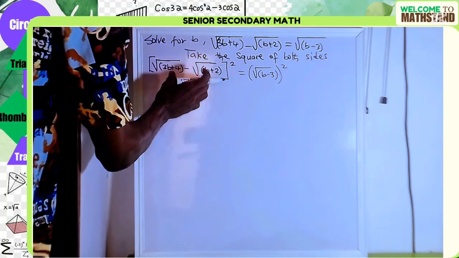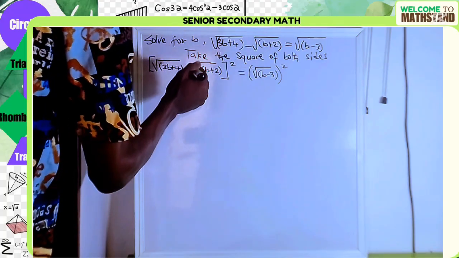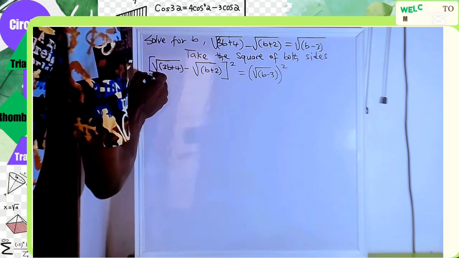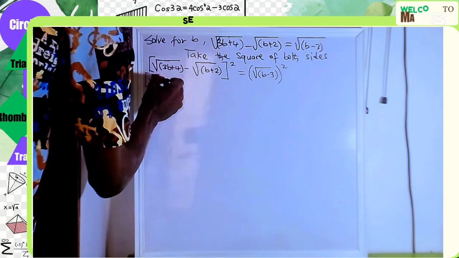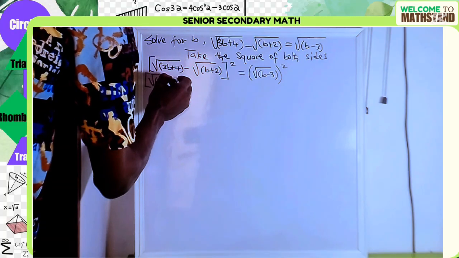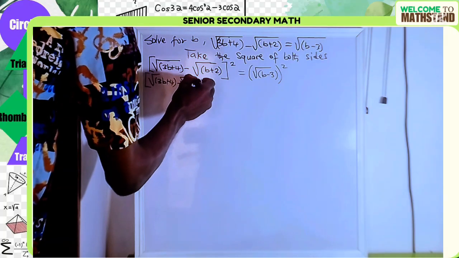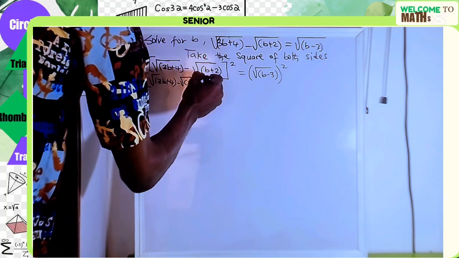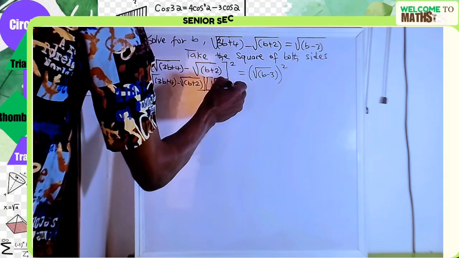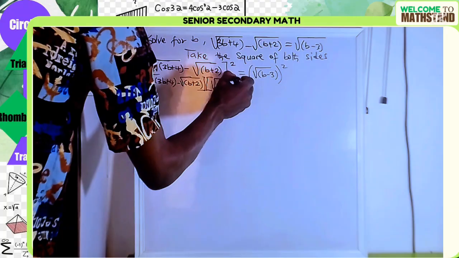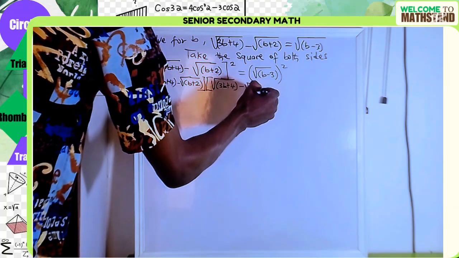This means expressing this into two places. Expressing this into two places. So we have 3b plus 4 minus b plus 2, and 3b plus 4 minus b plus 2.